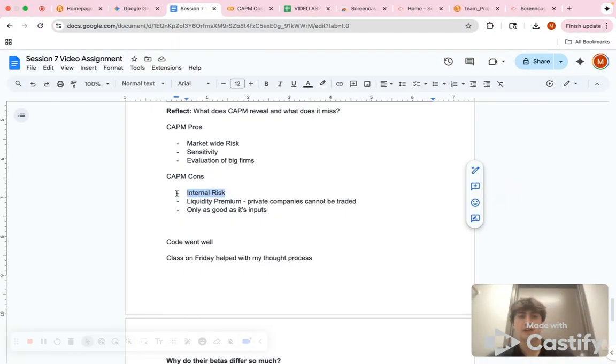But contrary to that, a con of it is the internal risk. It doesn't account for stuff that happens internally within that company. And then another pro is the sensitivity to the market, so it can tell how it's going to move with that market. And then it's good for evaluating big firms because you can liquefy it. There's a lot of public information out there about it, stuff like that.